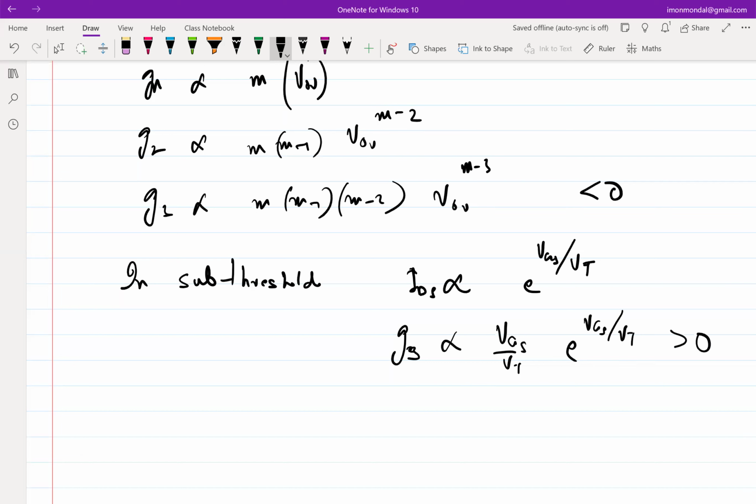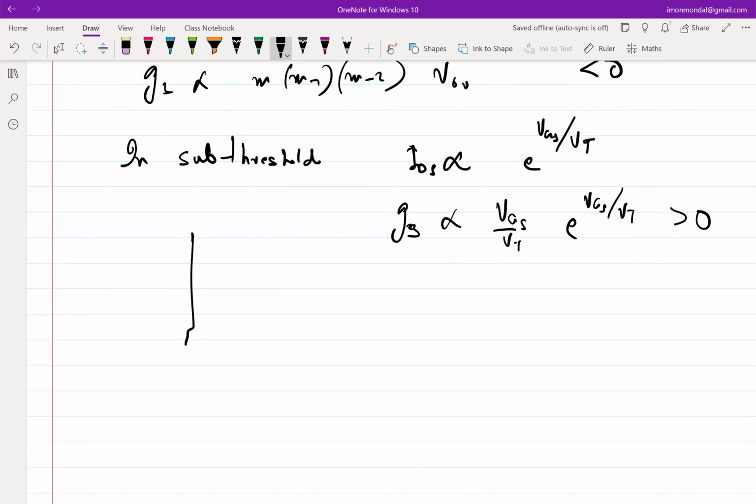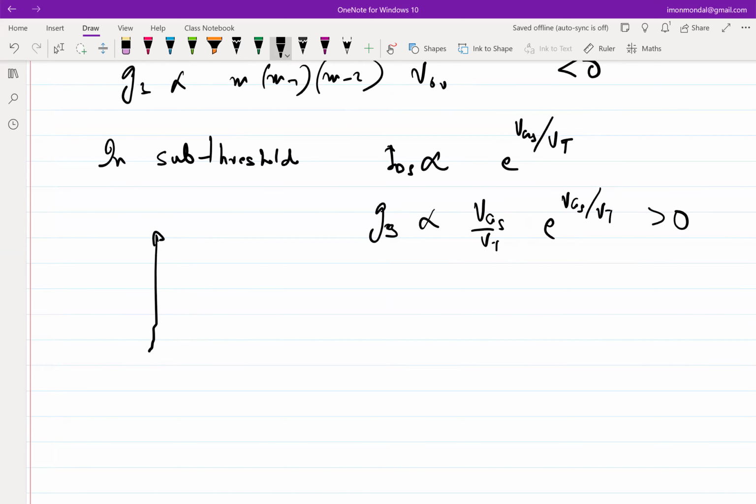The reason this observation is important is because if I plot G3 with respect to VGS, not V overdrive, let's say this is the threshold voltage.